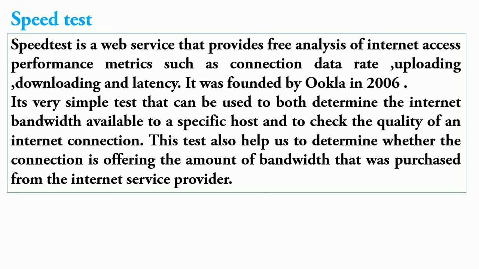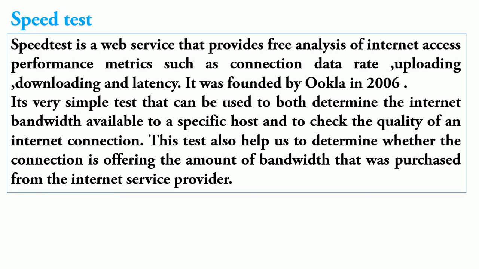As the name suggests, it is used to test the speed of the internet. It is used to check the uploading and downloading speed and the latency time. It was founded by Ookla in 2006 to check how much bandwidth is available to us, how much we are paying to the ISP, and whether they are actually providing the best services to us.